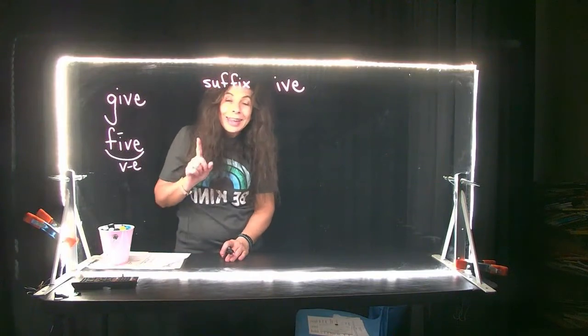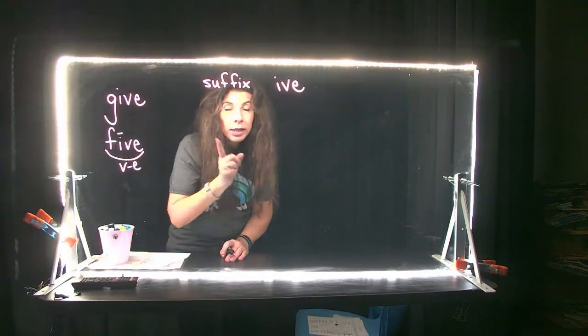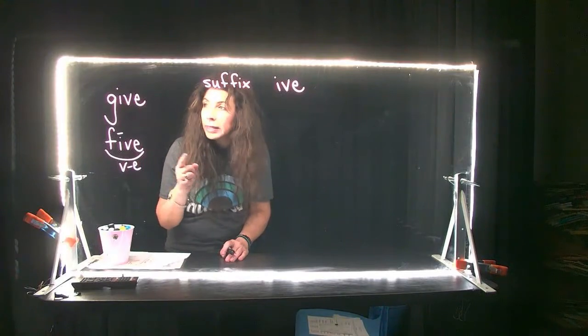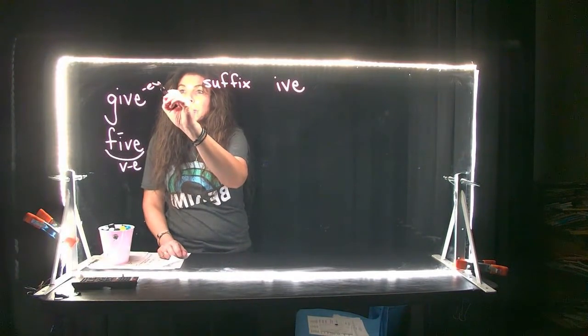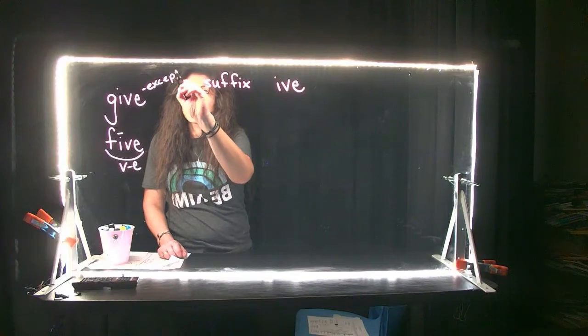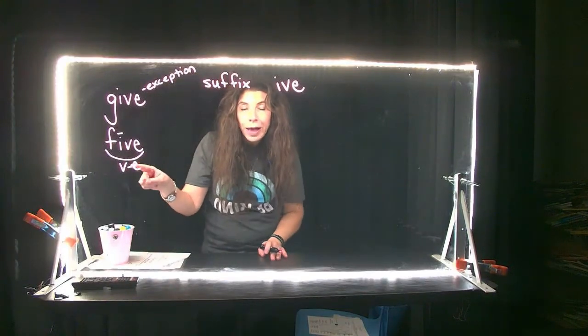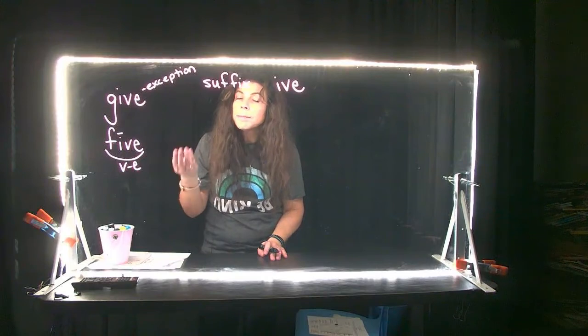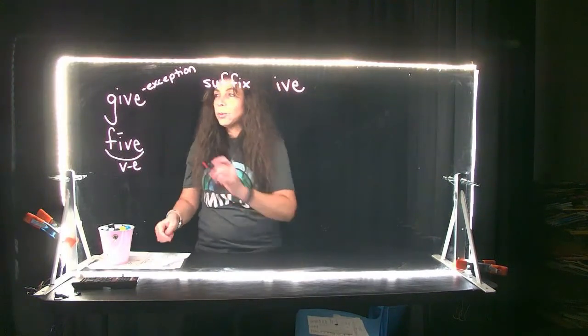Again, that IVE is not the suffix IVE. It is part of the word. This is an exception. And this is a true vowel consonant E word. Remember that V's don't come at the end, only in the word rev.